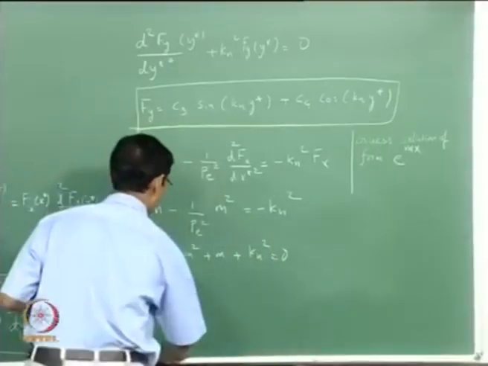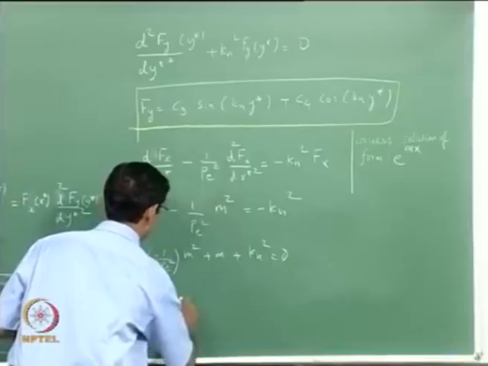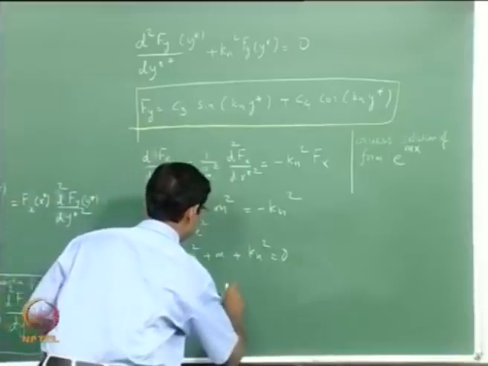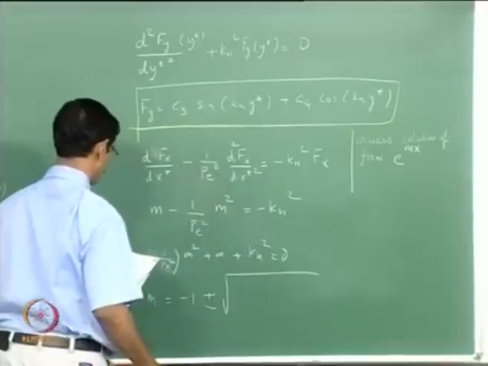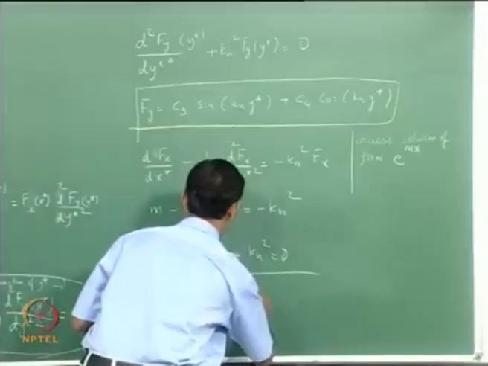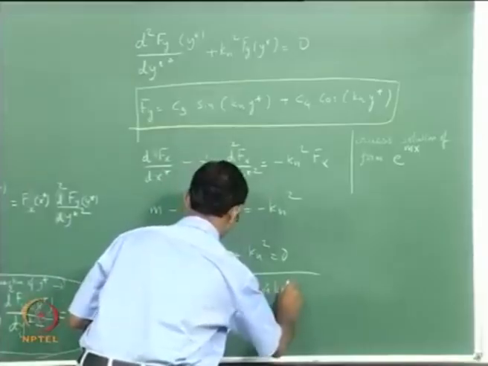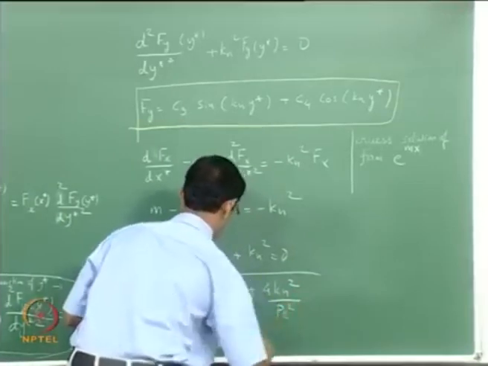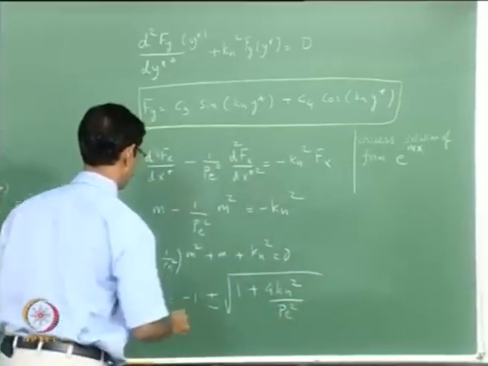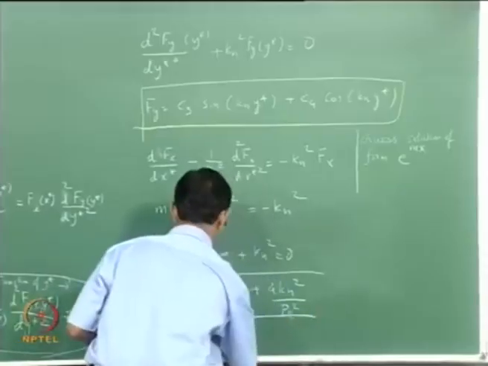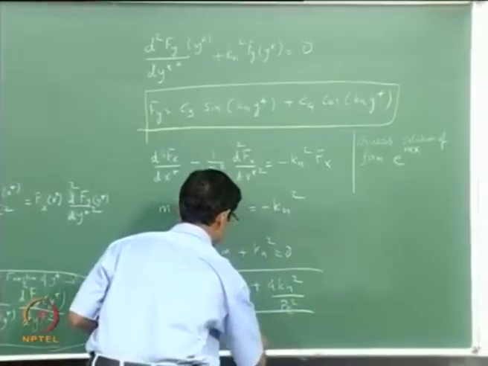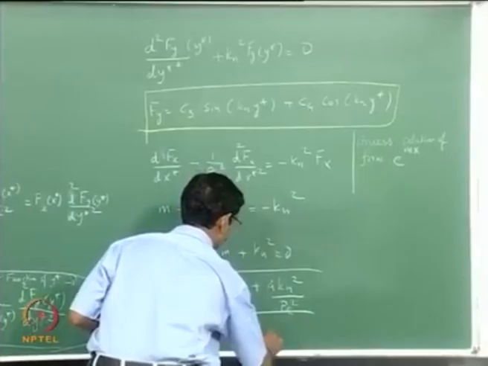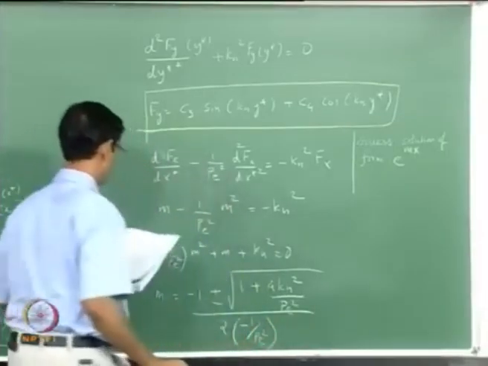So, m equal to minus 1 plus or minus root of b squared minus 4 ac. So, 1 plus 4 kn squared over p squared, right, divided by... I hope this is right.